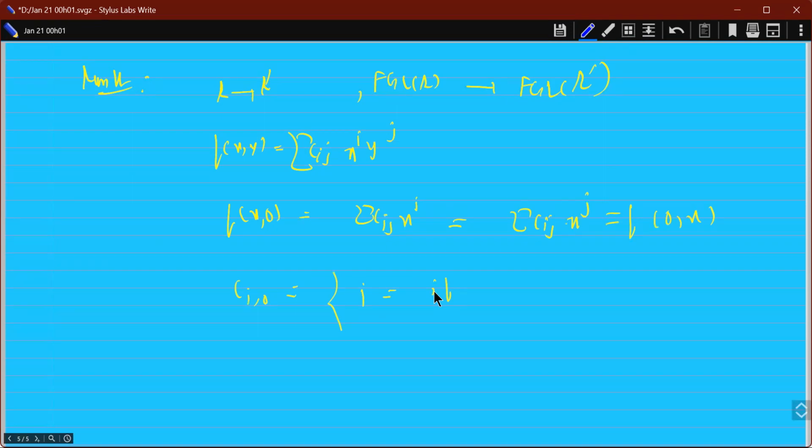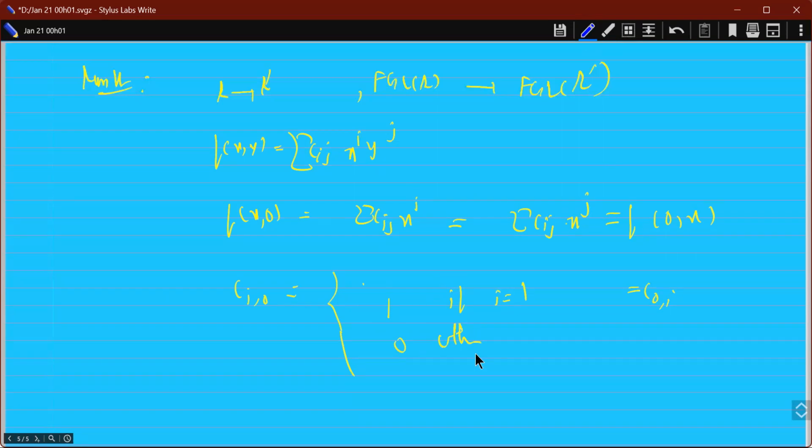For the first condition, we get that this is equal to 1 if i is equal to 1 and j is 0, that is c_{i0}, and c_{0i} likewise, and 0 otherwise.